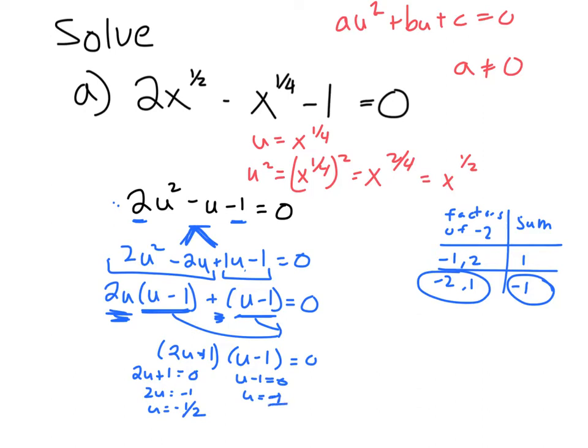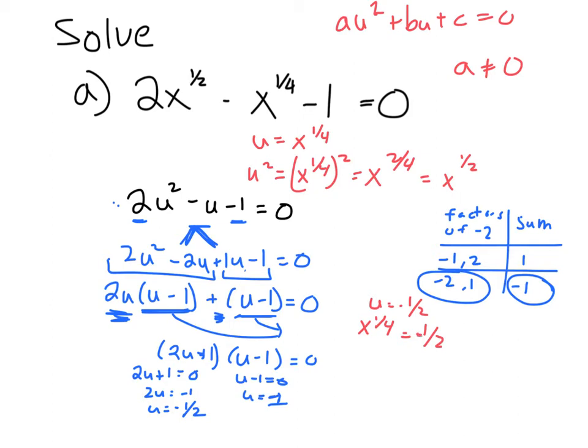Alright, but the goal was not to solve for U. That's part of what you need to do, but the goal ultimately is to solve for X. So I'm going to need to plug in X in order to find what X equals. So, U equals -1/2, so that means X to the 1/4, because U equals X to the 1/4, so X to the 1/4 also equals -1/2.